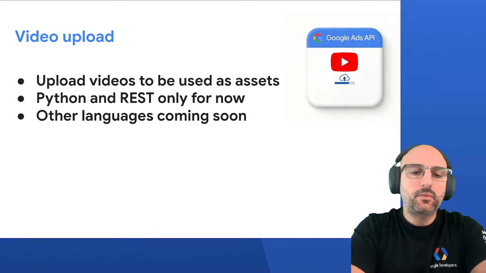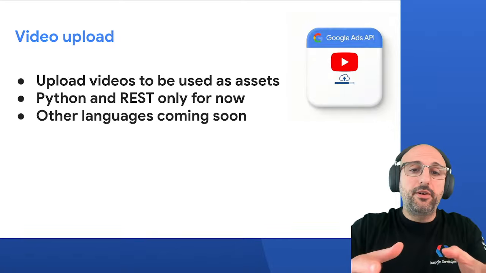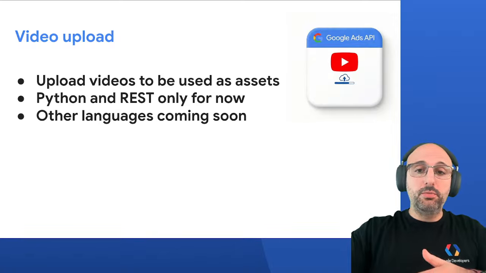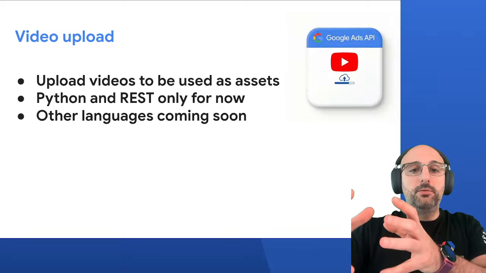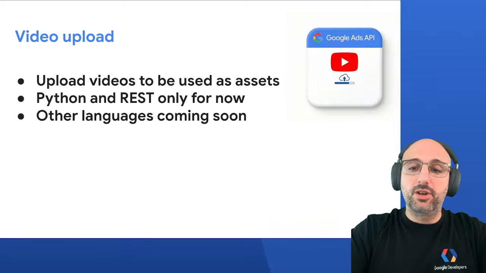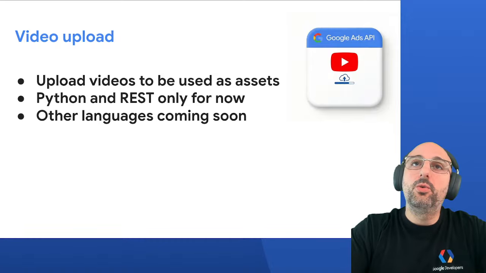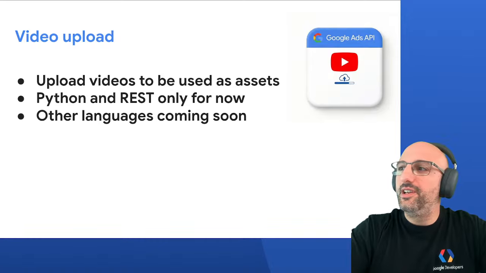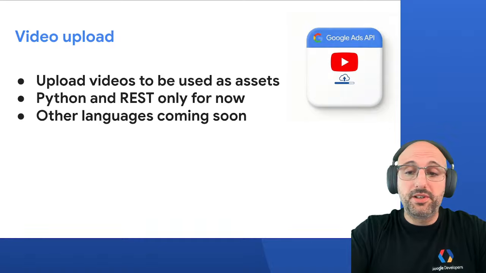So what you can do is you have a video file, you can upload it to YouTube, and then use the YouTube video as a video asset in your PMAX or demand gen campaigns. As I said, this was really a long time coming, and I know developers have been adopting this already, and I'm super happy about this.